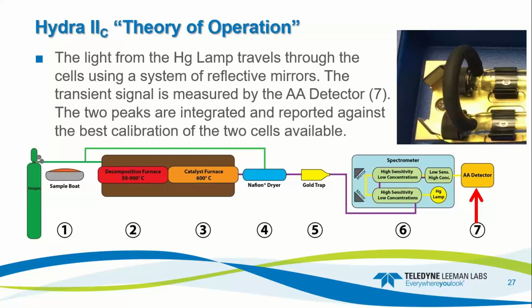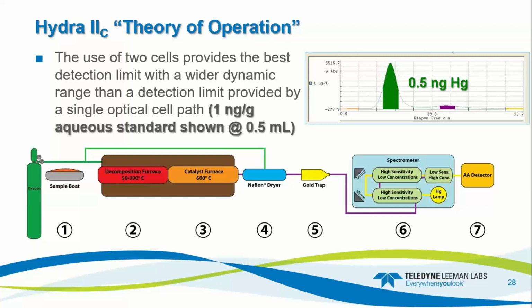And then the 2 peaks are integrated against each other, to see which one's going to be the best fit within that system. So the software will automatically pick the response and apply it to the best fit within the cell, whether it's going to be in the sensitive cell, low concentration, or the non-sensitive cell for the high concentration, based on the calibration and how those peaks and response are associated with the calibration.